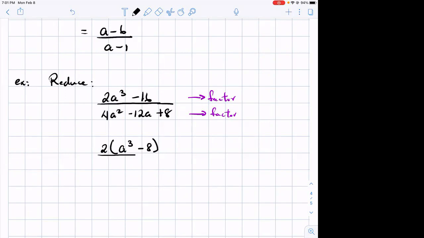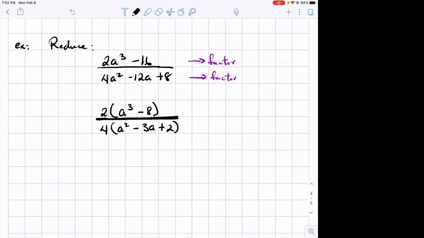And in the denominator, 4 is common, so we have a squared minus 3a plus 2. Please make sure when you draw this line that it's covering everything in the denominator. Now we can also factor once again. The inside here can still be factored, and same thing, you can try to factor the inside here.